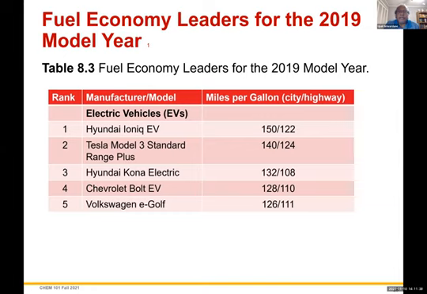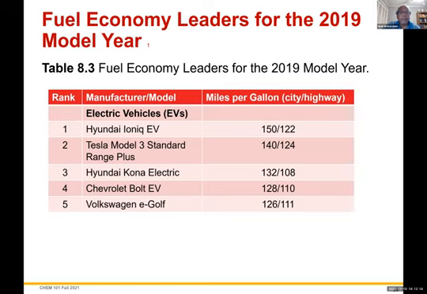Electric vehicles are run mainly by batteries. So they are equivalent to gasoline powered cars. They produce 150 in the city and 122 for the Hyundai Ioniq.